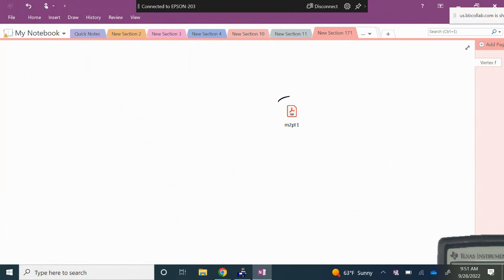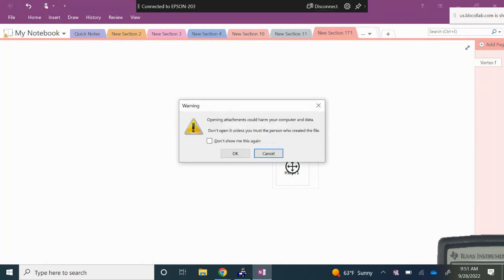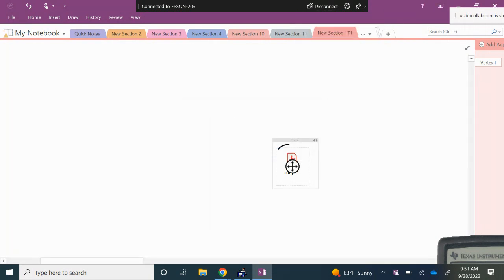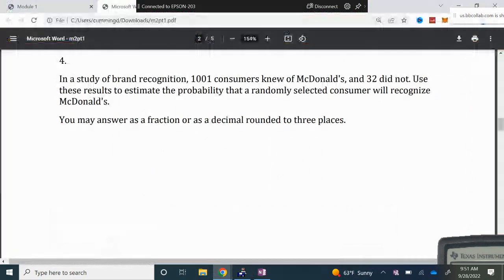Okay, I have to experiment with this later. I thought it was a way I can actually open this up so I can write on it, but anyway. All right, so this is actually number 4.